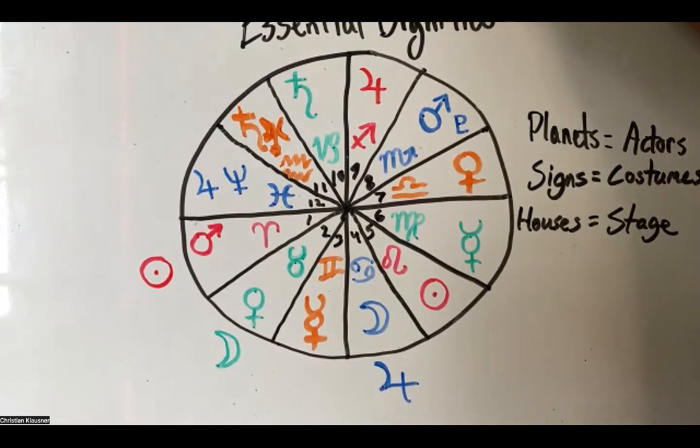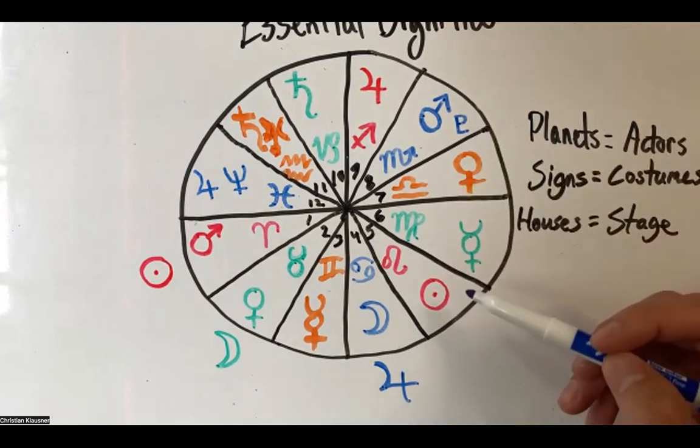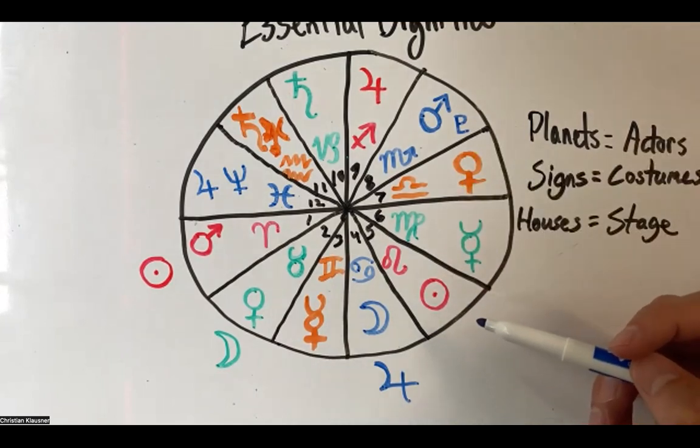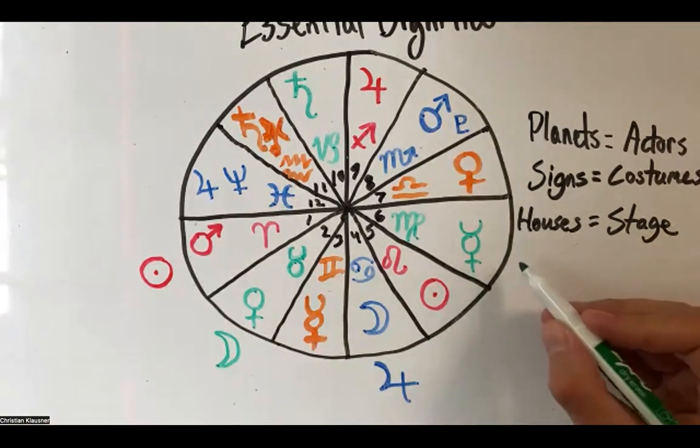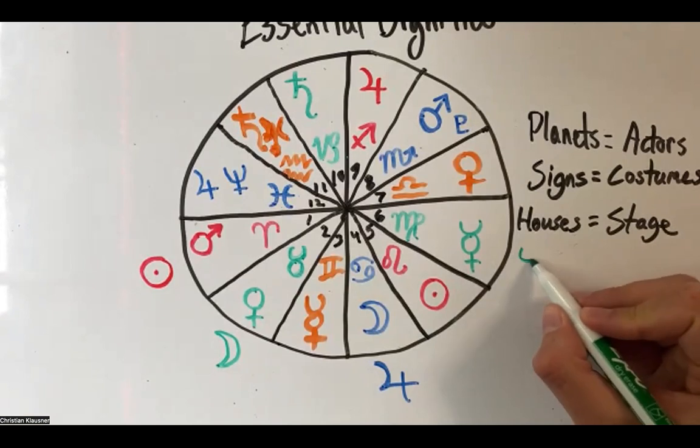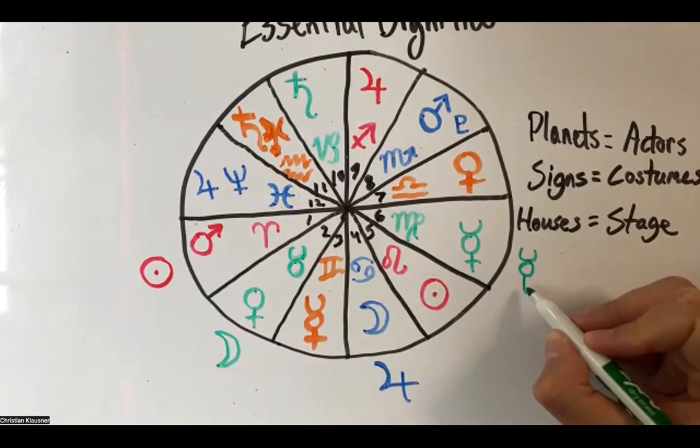What's exalted in Leo? Nothing. It's just ruled by the sun. That shows the simplicity of Leo as well. It's the ruler, it's the heart. It just is what it is. The exaltation of Virgo is actually Mercury. Mercury is exalted in Virgo.